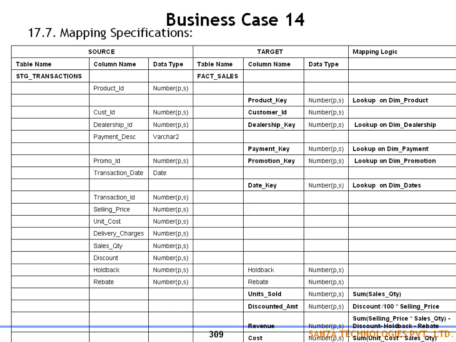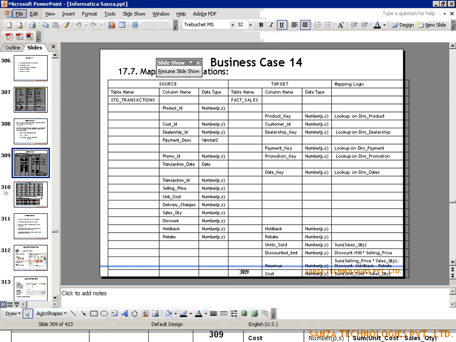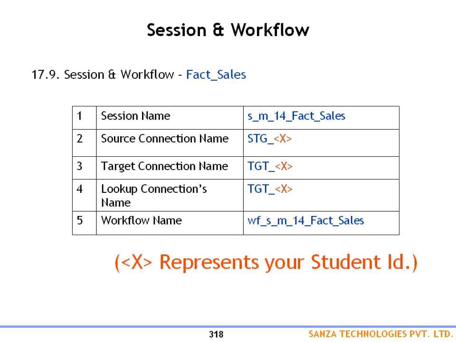Aggregation of data. Now we are going to discuss the performance tuning of aggregator transformation. As discussed, aggregator transformation has a cache.